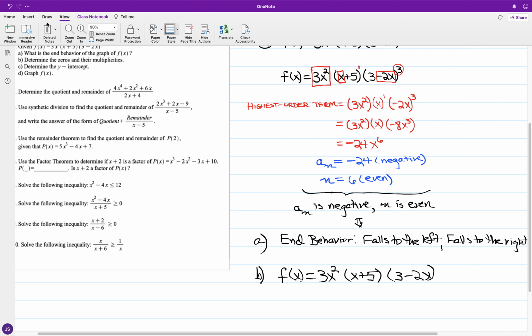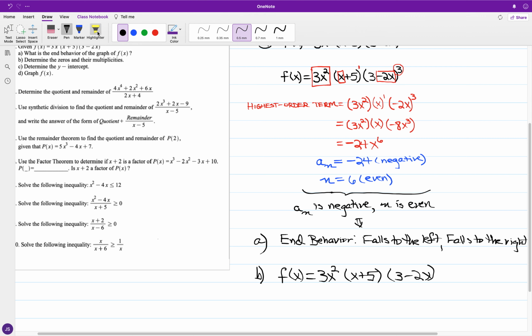Again, just kind of stressing the degrees here. Again, x plus 5 is to the first, 3 minus 2x, again, we have to the third.